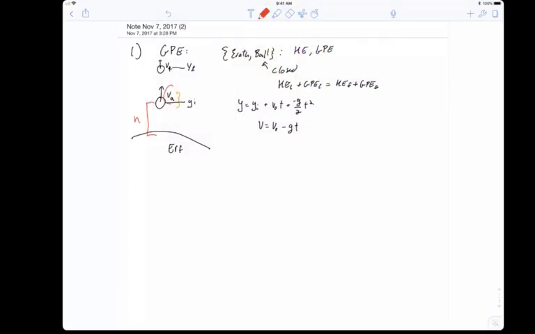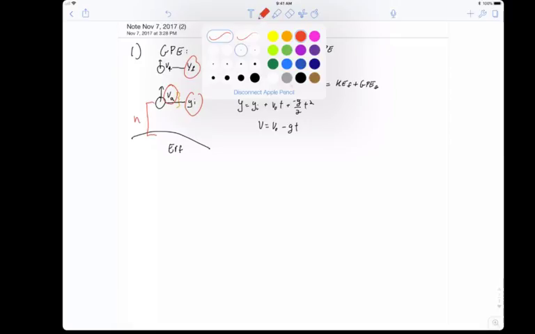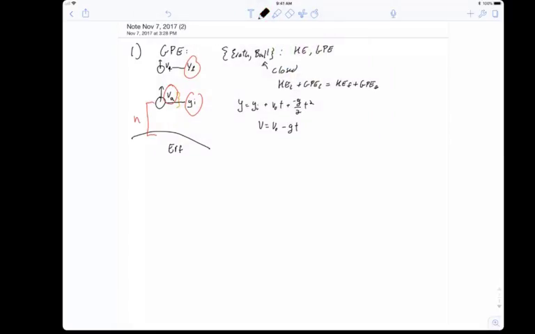We don't know how much time it takes to go between there, but we can solve for t in this case: t is v minus v naught over minus g. And then substitute: y minus y initial is equal to v naught times (v minus v naught over minus g), minus g over 2 times (v minus v naught over minus g) all squared.